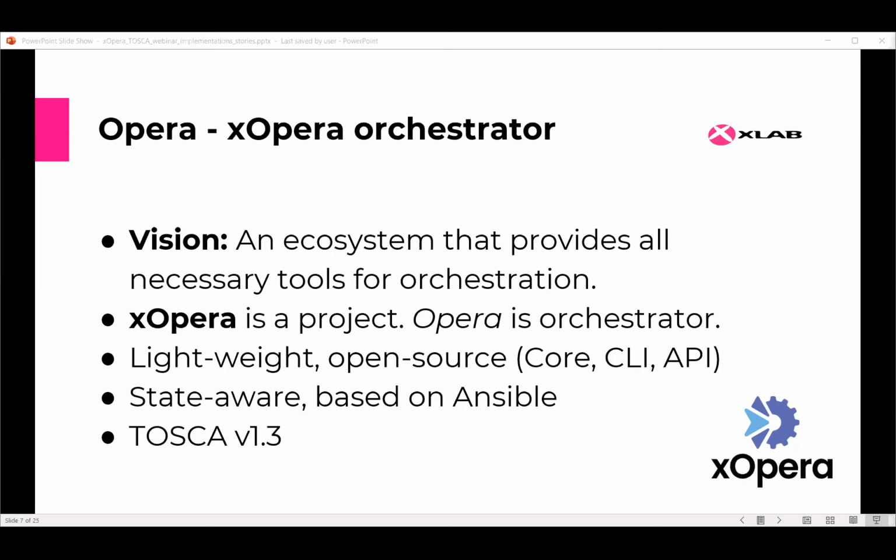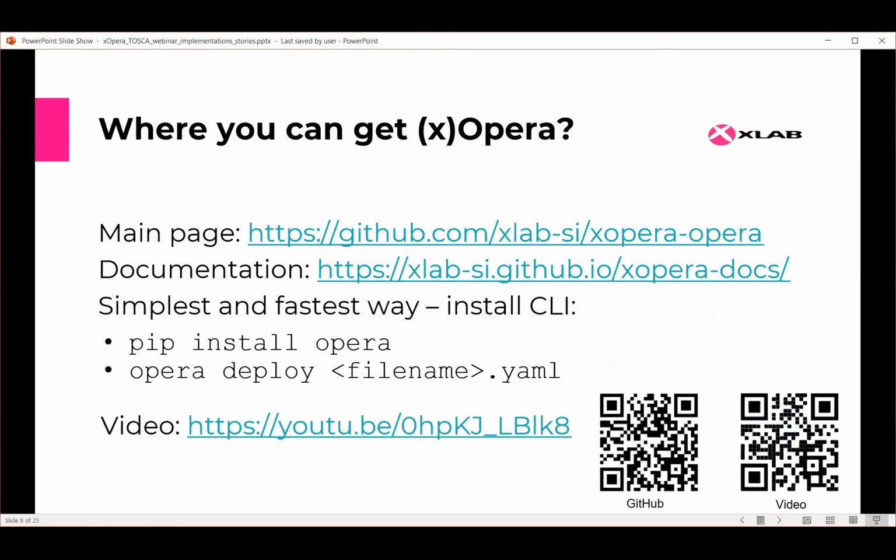The orchestrator is also state aware. It is based on the Ansible executor, so it combines imperative and declarative approaches, and it currently uses the TOSCA version 1.3 specification. Where you can get xOpera: you have the main GitHub page, and there is also the QR code that you can use right now. You have also the main documentation page.